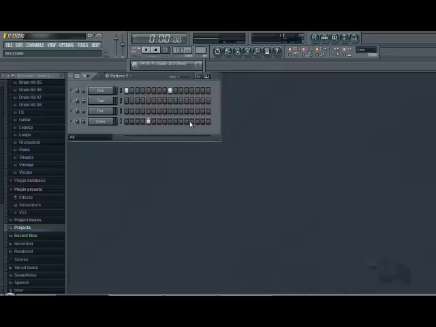Could be a hand clap, could be a snap or whatever. And the kick usually gives a strong accent, at least to the first beat. And then the snare is almost always going to be on beats 2 and 4.